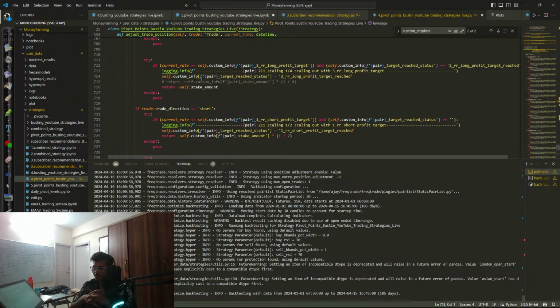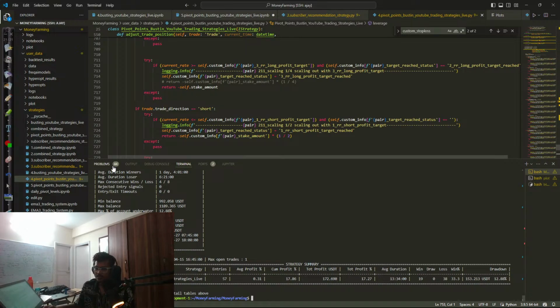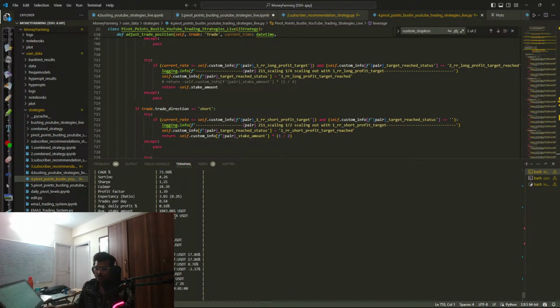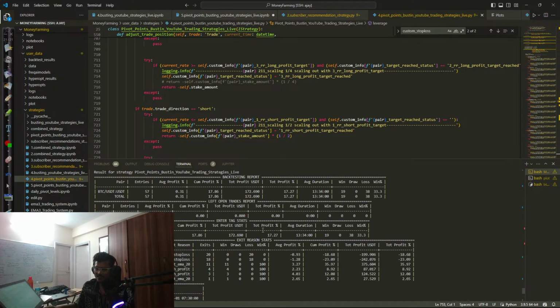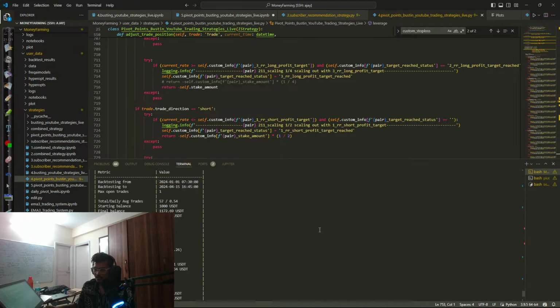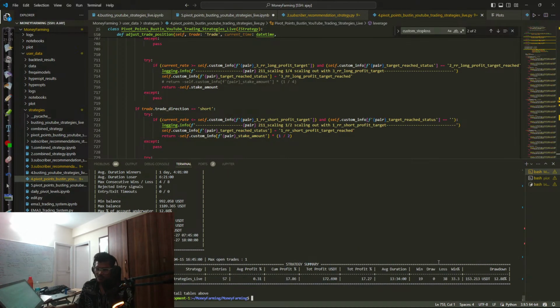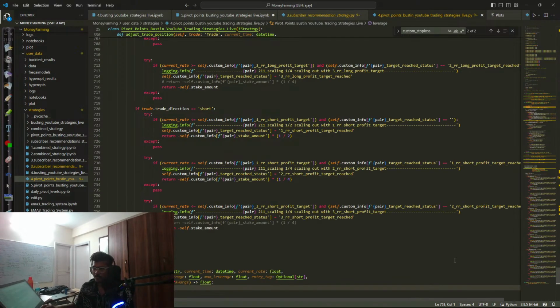Let's see. All right, so it made $172 with a good Sharpe ratio and expectancy, and if you run it over a larger time, you will make money, basically.